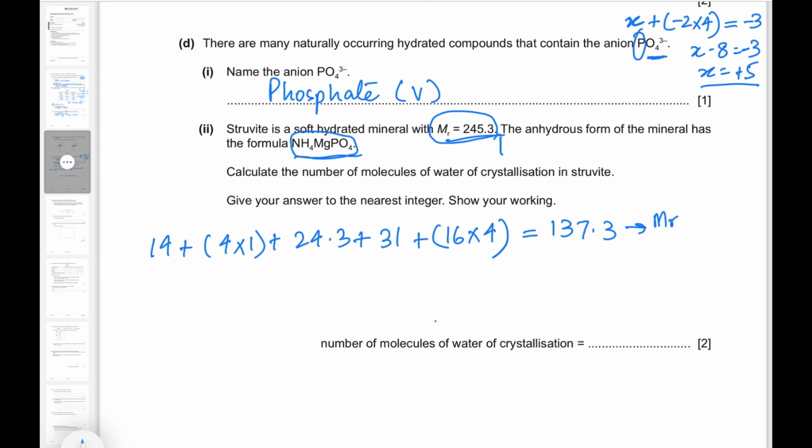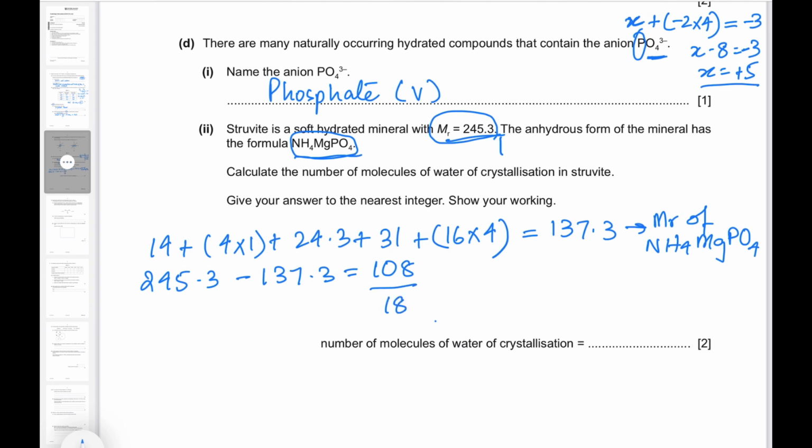This is the Mr of the anhydrous mineral. You'd subtract this mass from 245.3 to get the mass of all of the water molecules, and that's 108. You divide this by the mass of one water molecule to get the number of water molecules, and this turns out to a total of 6.